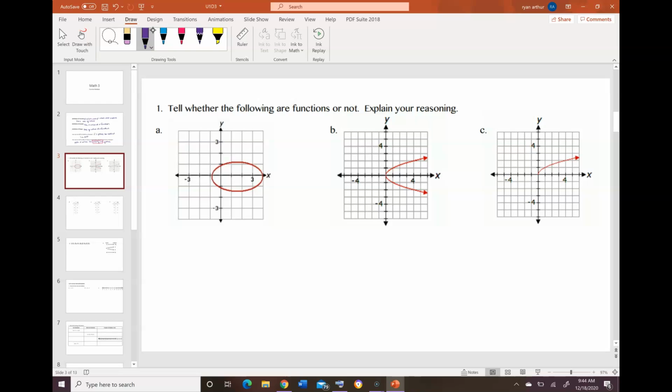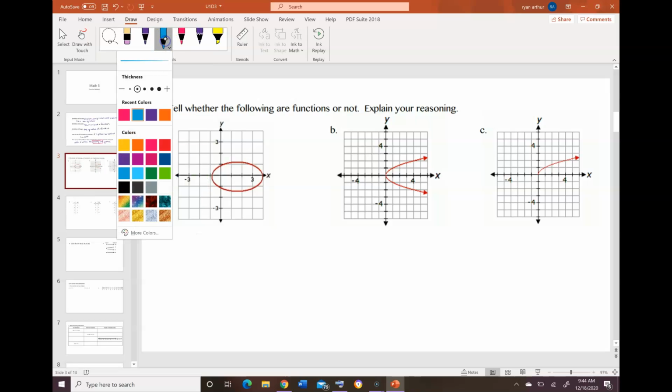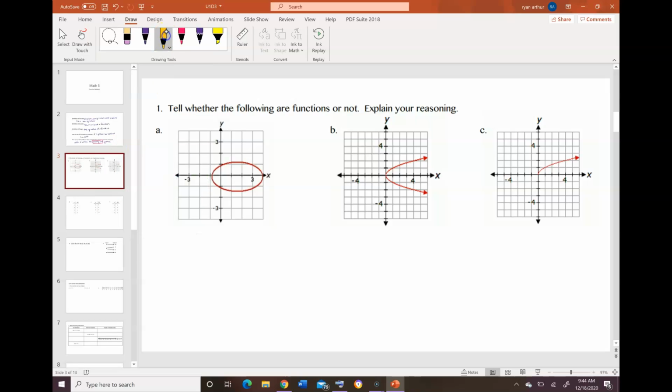Let's get a yellow. I draw a vertical line and it hits it twice. Do it again, and it hits it twice again. So this is not a function, because it fails the vertical line test.